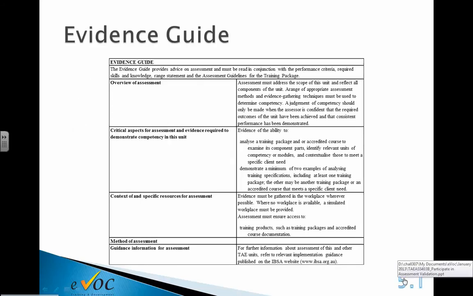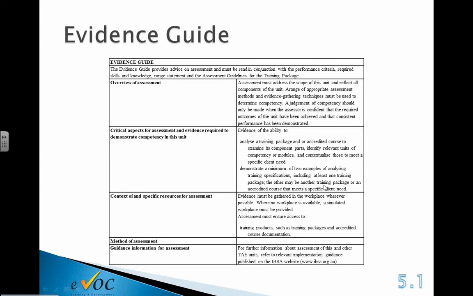Here's a snapshot of that evidence guide in the component. So we can see here that the critical aspect was that we needed a minimum of 2 examples of analysing training specifications. One of the examples was our case study of Susan, and we looked deeply at the Certificate 4 in Training Assessment qualification, and specifically this unit TAE DES 402A, using training packages and accredited courses to meet her needs.